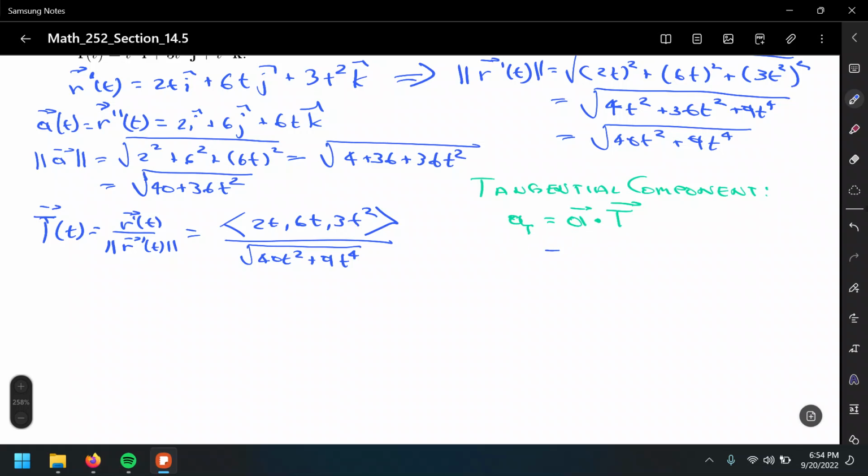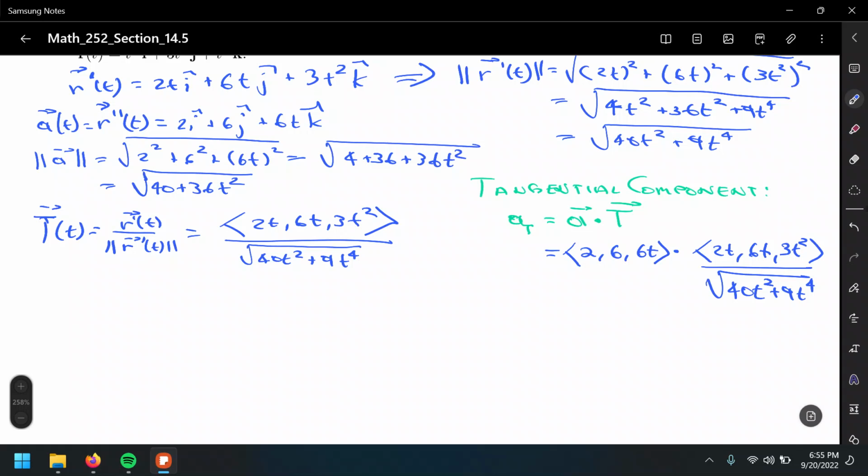This will be the acceleration vector which we got here. I'm going to use component form again. That's 2, 6, and 6t. Dotted with the tangential, which is the one that we just did in the previous step. That's 2t, 6t, 3t squared, the whole thing divided by the square root of 40t squared plus 9t to the fourth. So to simplify this, let's perform the dot product here.